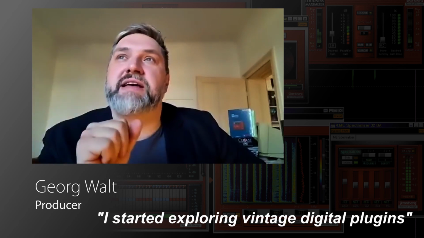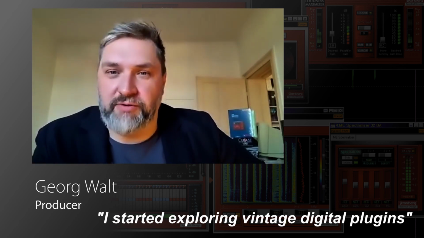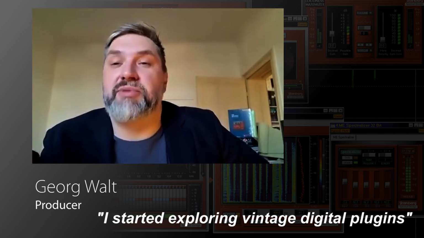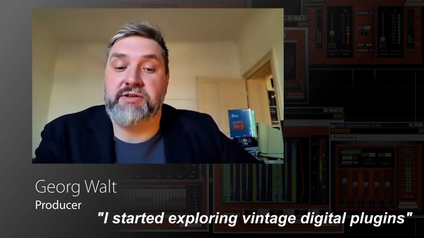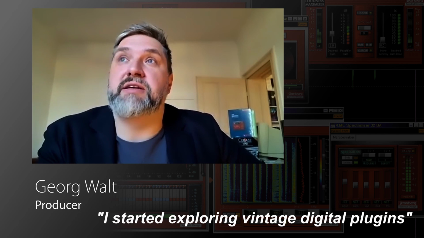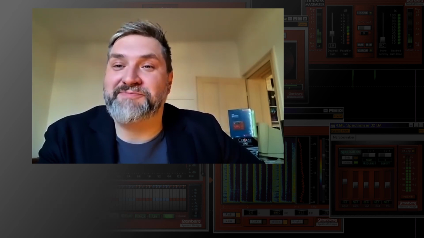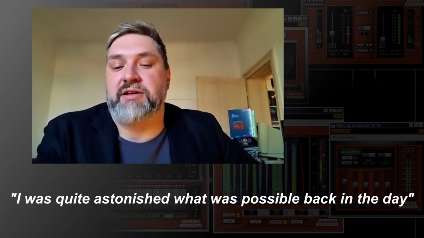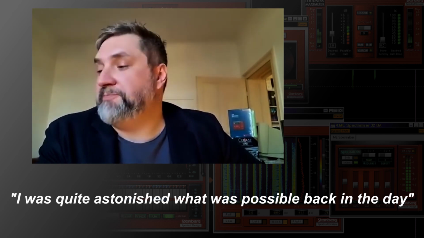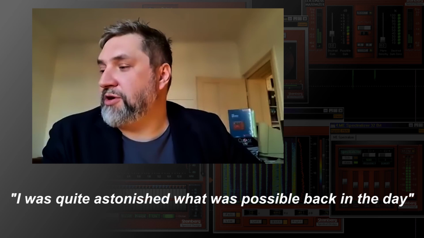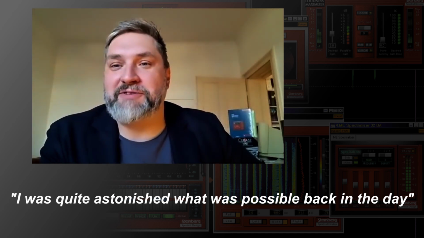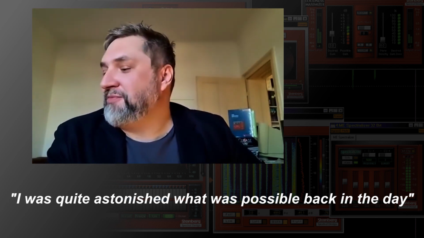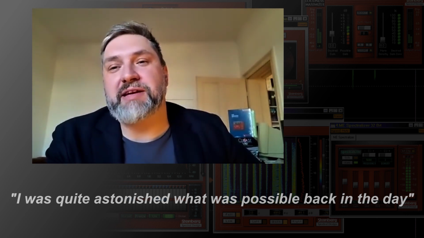I still try to optimize their integration into a modern workflow because they're forgotten plugins, forgotten due to technological constraints. You can't keep old computers going forever. And that's a nice obstacle. And the results are great, actually. That's how I came across Spectral Design after maybe 20 years of being first exposed, and I was quite astonished what was possible back in the day.